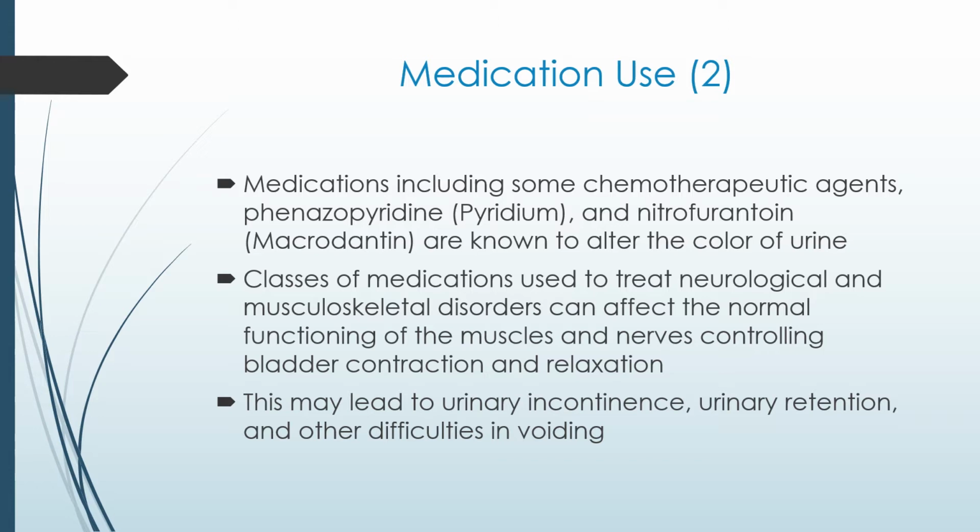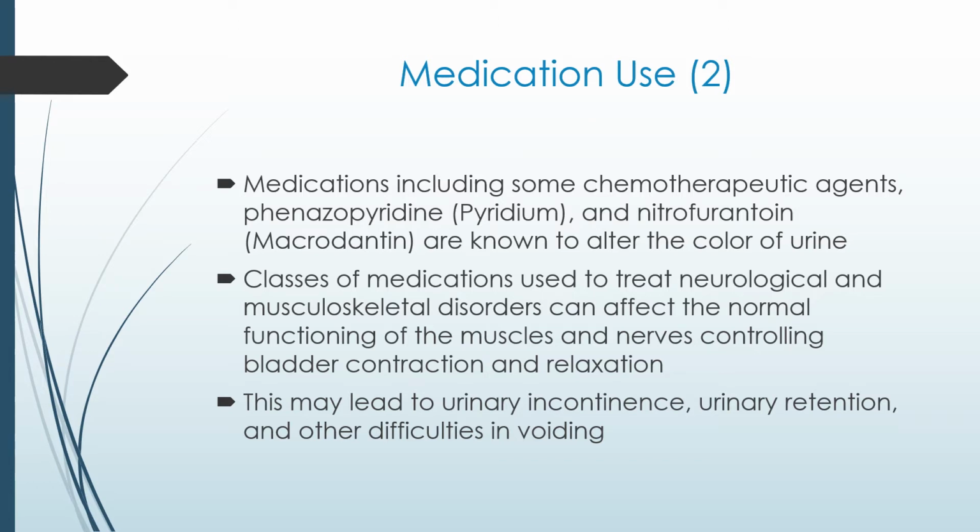However, if your client is very, very dehydrated to begin with before they start taking these medications, this pyridium or this macrodantin, then what's going to happen is, because their urine is so concentrated, it will look a very, very deep orange that in the toilet bowl may resemble a red or a pinkish. And they may actually think that they're bleeding. They may think that they have hematuria. So when your client is taking this medication, it's very important to explain to them that it is going to change the color of their urine.